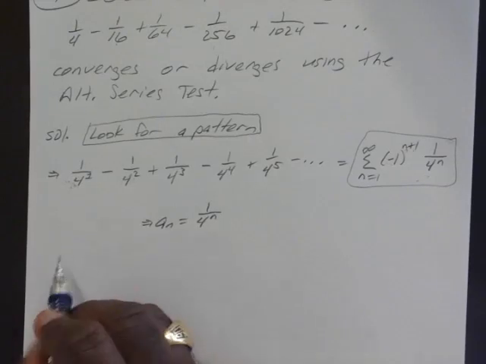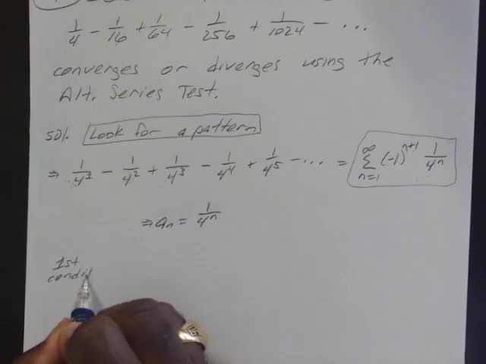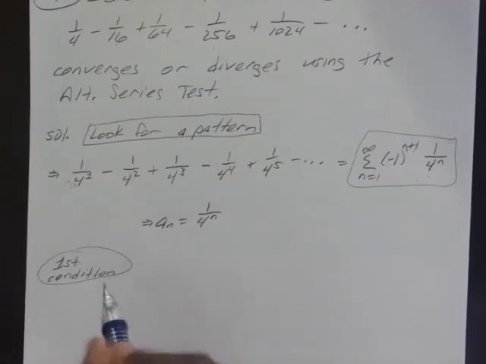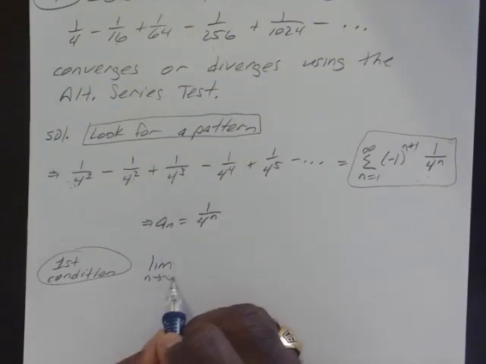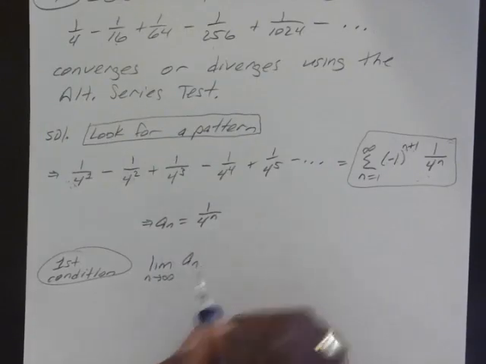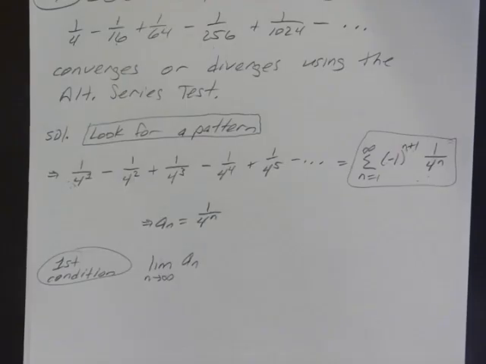Okay, so now we test the conditions. We have the limit as n approaches infinity of our a sub n. The first condition is that it has to equal 0.